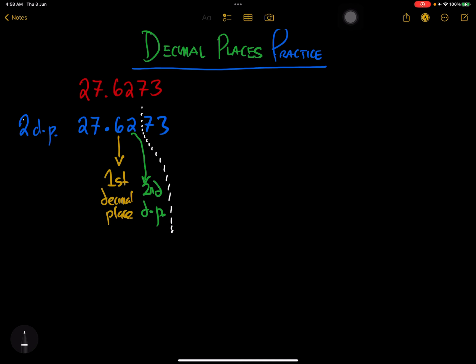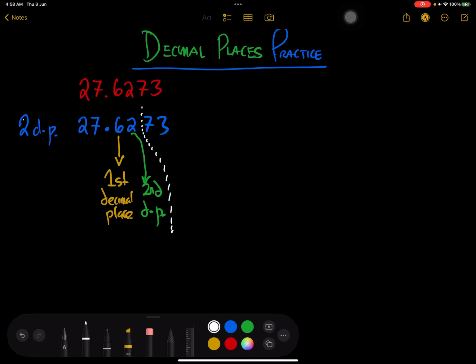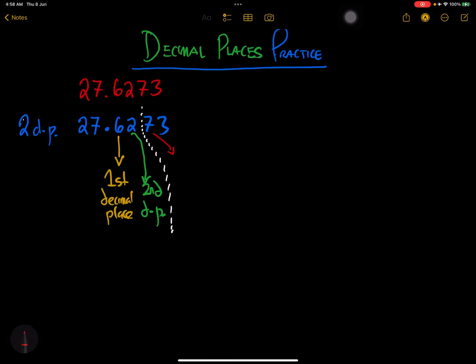So we know that we are solving this problem in two decimal places. The question we need to ask ourselves is this: is this number 5 or greater than 5?